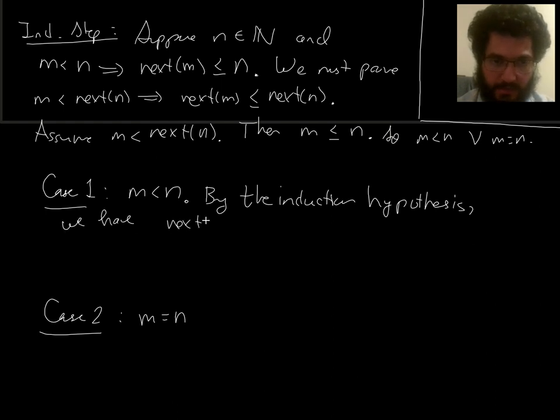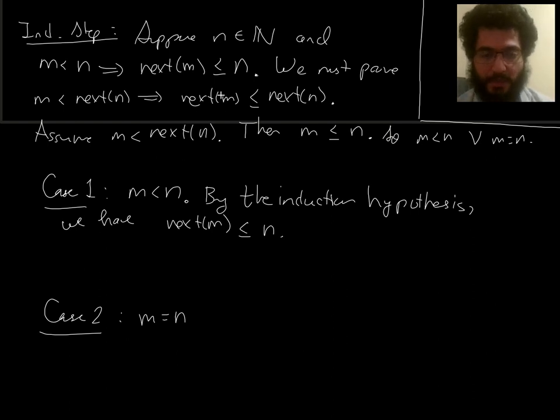We have next m, so this is my conclusion, this is what I get, is less than or equal to n. Now my goal is to prove next m is less than or equal to next n. So my goal is actually an or statement, right? Prove either that next m is less than next n, or that next m is equal to next n. So one of these two, basically the or that's built into less than or equal to. So I can prove either one of them, and that would be sufficient.